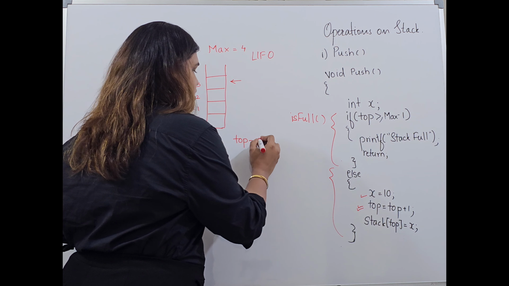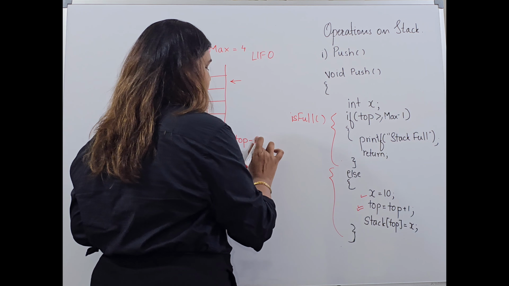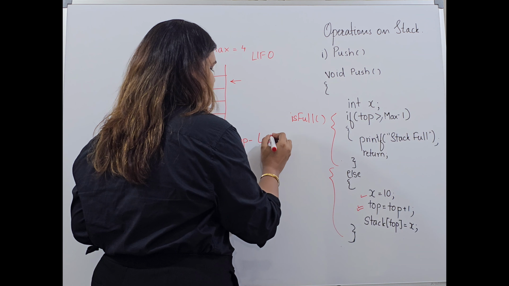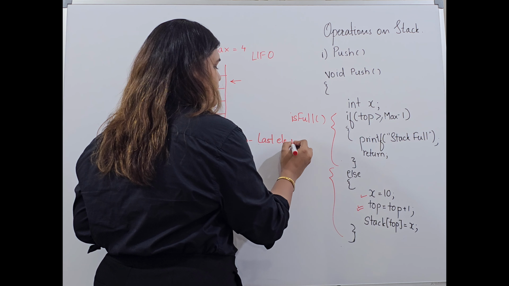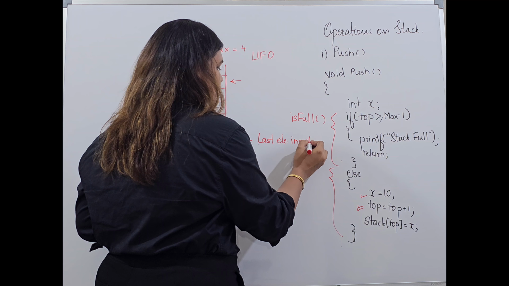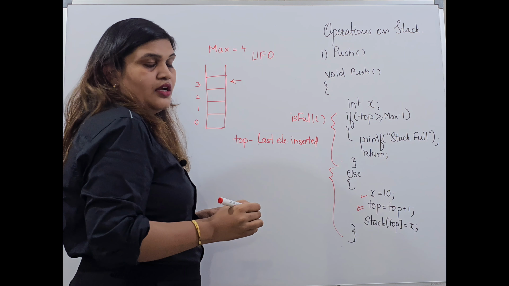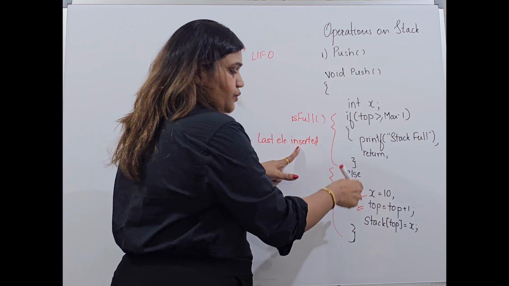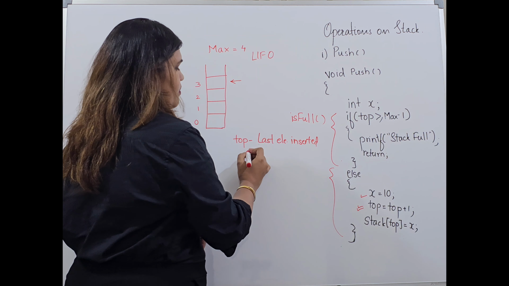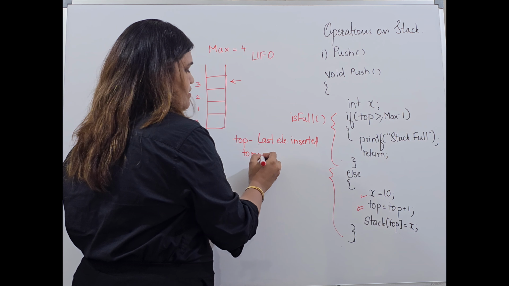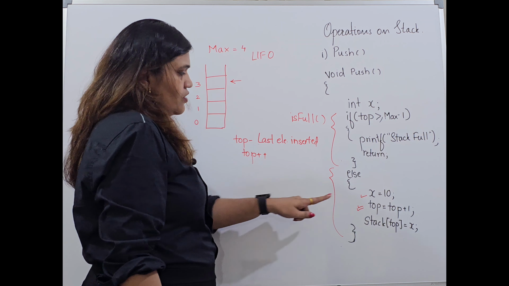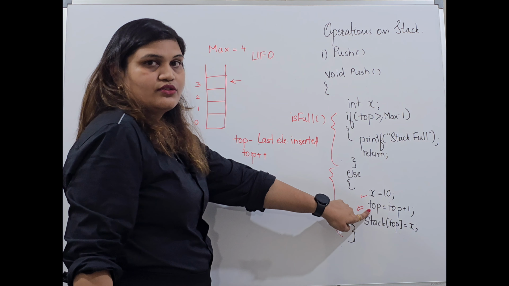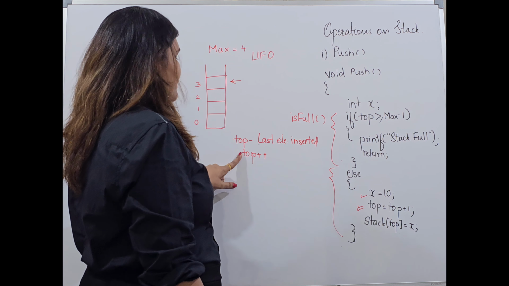Top always points to the last element inserted, right? So now if I want to insert a new element, I need to increment this top, that is top plus plus. Clear? So this line says top is equal to top plus 1. That is, I need to increment my top.